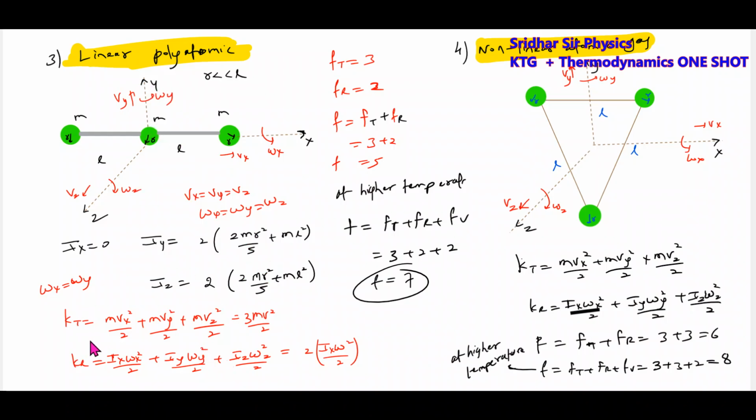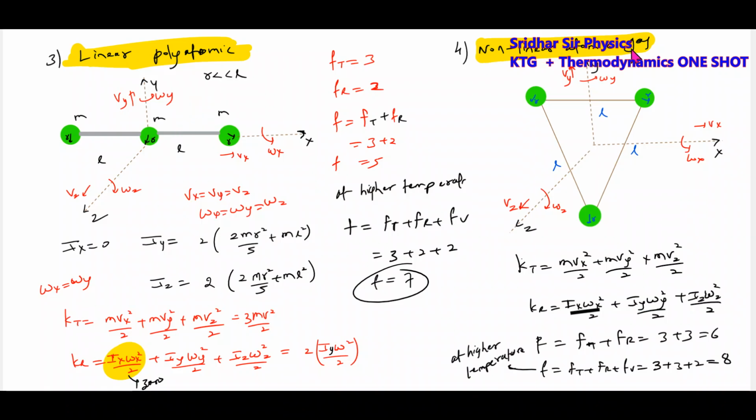So the total rotational energy will be due to rotational motion about the y and z axes. The total degrees of freedom will be 3 translational plus 2 rotational, which is 5. At higher temperature, you add 2 more for vibrations. Linear polyatomic and diatomic will be the same.